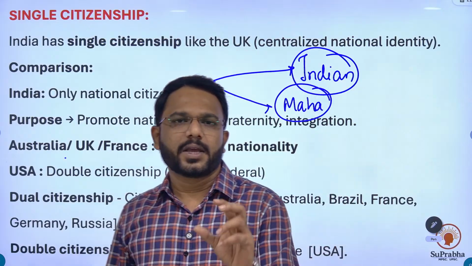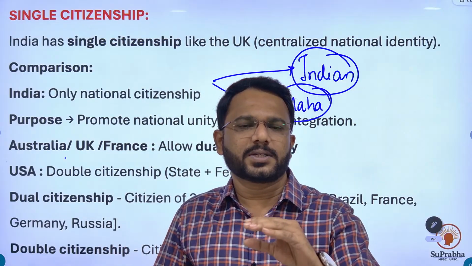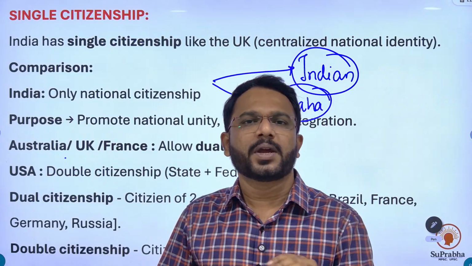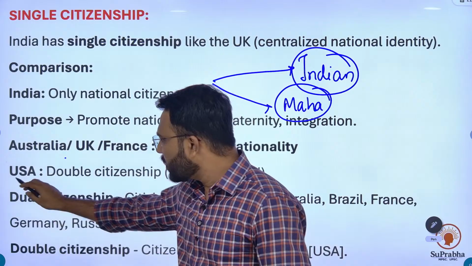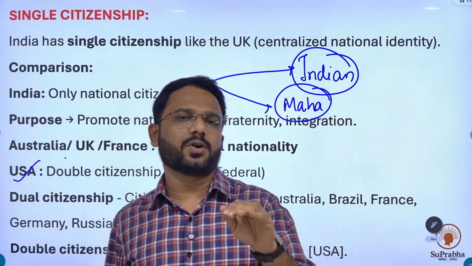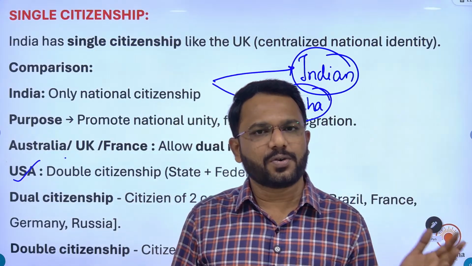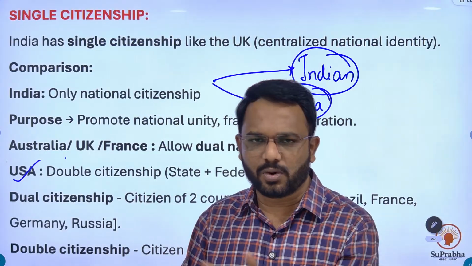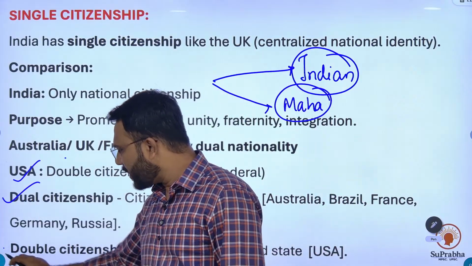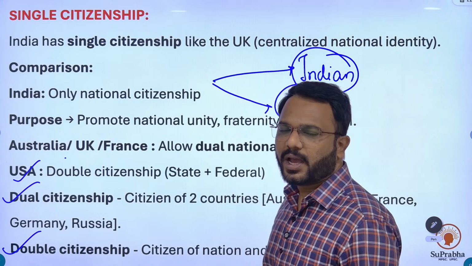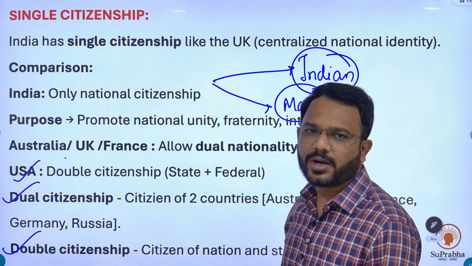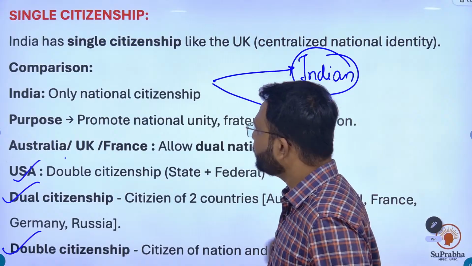If you have the state citizenship as well as the federal or national citizenship, it is known as double citizenship. So a citizen of the USA is a citizen of the United States as well as a citizen of California, Texas, and so on. Fine. So that is known as dual citizenship and double citizenship. In India, we follow single citizenship, which is inspired or taken from the United Kingdom.